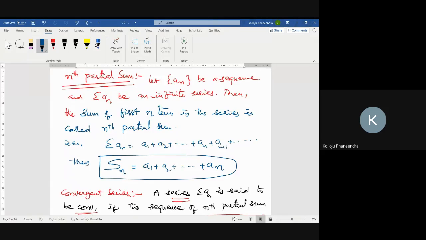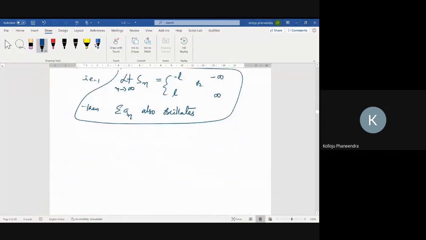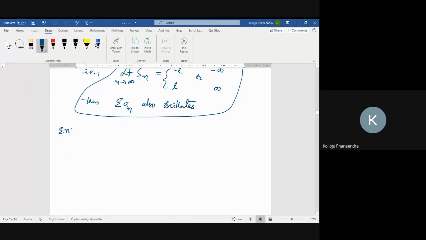To understand this concept, let me tell you one simple example. Examine the convergence of the series. Simple one. What is that? 1 plus 2 plus 3 and so on. Now solution.